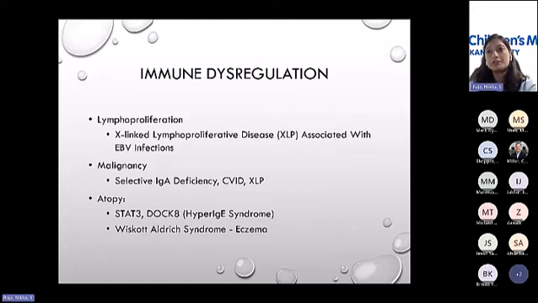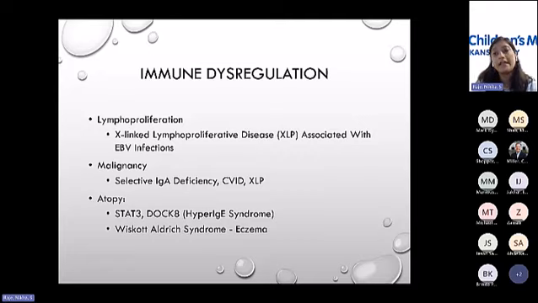Talking in terms of lymphoproliferation, XLP is one of the examples that is associated with lymphoproliferation, and some of these patients can have EBV infections as well. Malignancies, different types of malignancies have been associated with particular IEIs: selective IgA deficiency, CVID, XLP, and the list goes on.